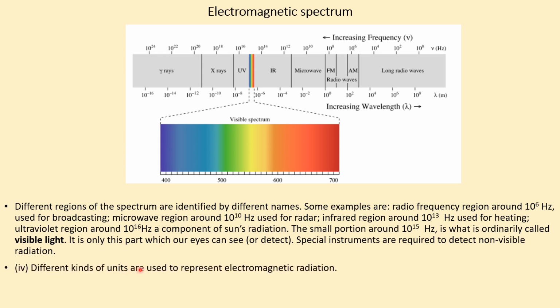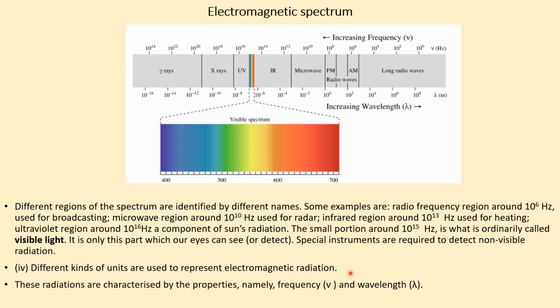Different kinds of units are used to represent electromagnetic radiations. The radiations are characterized by the properties, namely frequency nu and wavelength lambda, which we have studied in the previous slide.